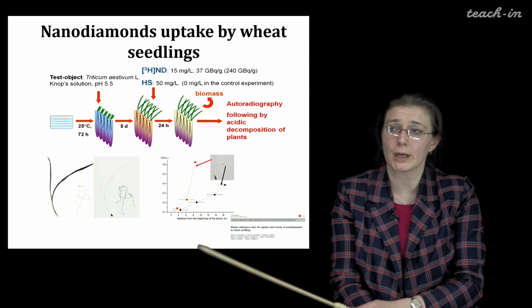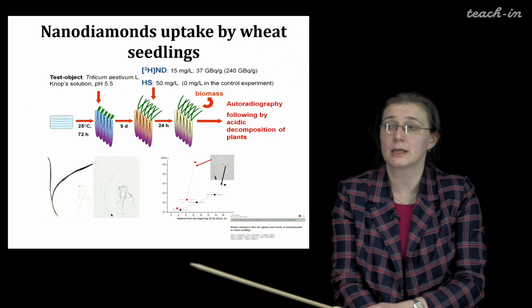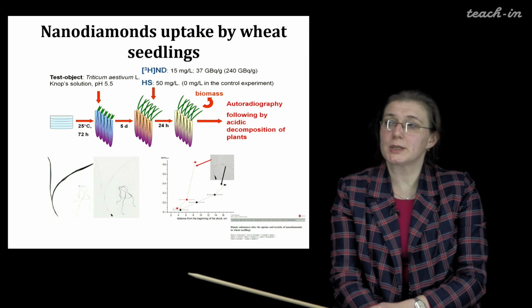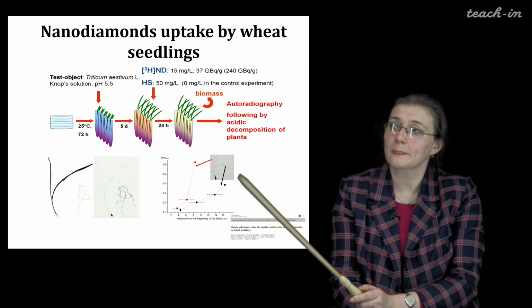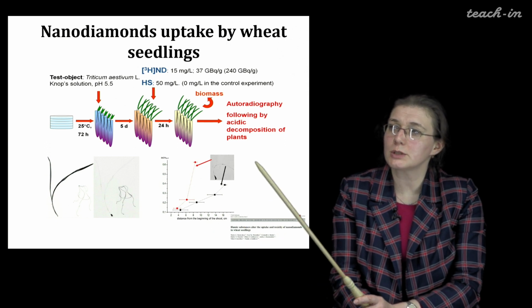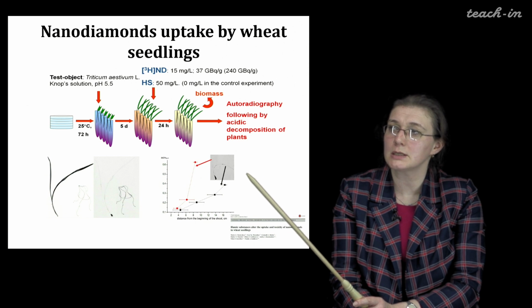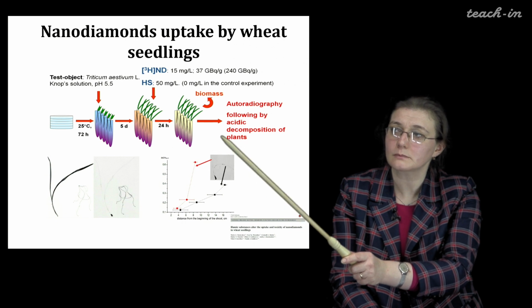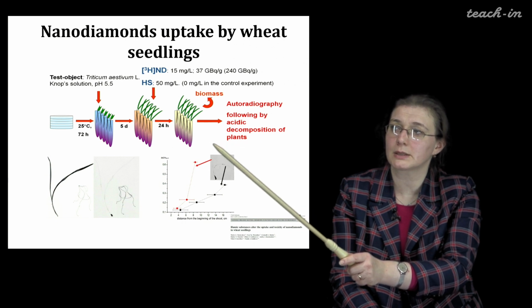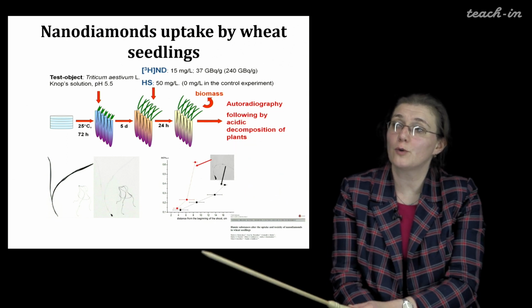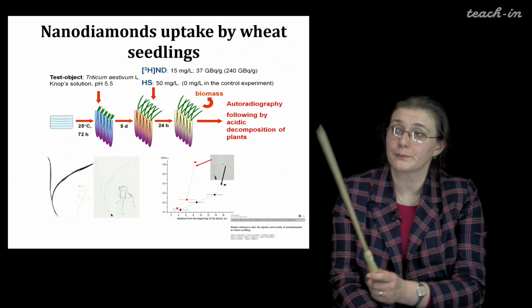And if we have a radioactive tracer, a novel property for nanodiamonds, radioactivity, we can put wheat seedlings into interaction with tritium labeled nanodiamonds with rather high specific activity for providing autoradiography.